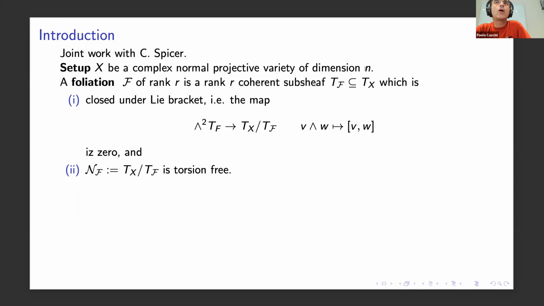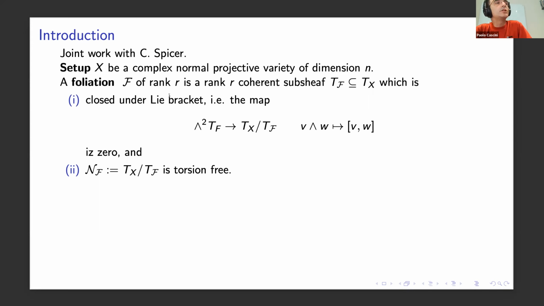A foliation on X consists of the following data. First of all, we need a saturated subsheaf of the tangent sheaf of X, denoted by T_F. This sheaf has rank r, where r is the rank of the foliation, and satisfies some properties. First, it's closed under the Lie bracket, and we'll see why we need this in a minute.